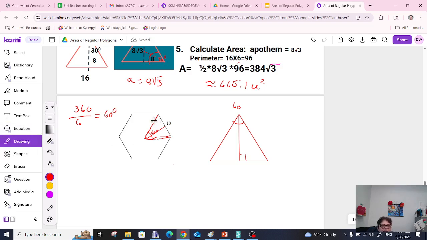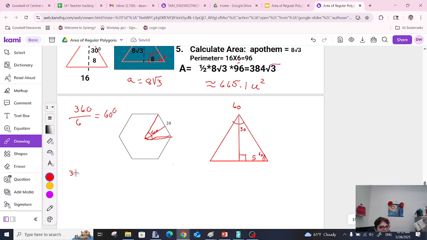So if this side was 10 and I'm cutting this side in half, how much is this side? 5. This length is 5. Now this is 30 degrees, right? Because half of 60 is 30. If this is 30 and this is 90, what's this angle measure here? That's 60, right? 30, 60, 90.